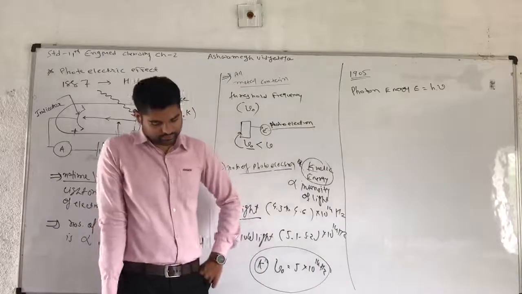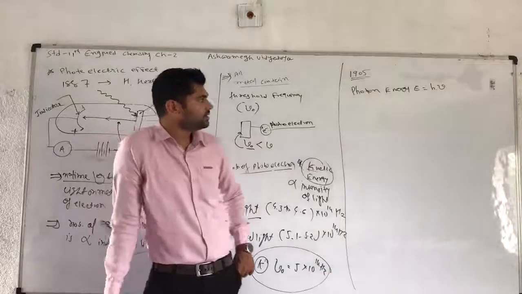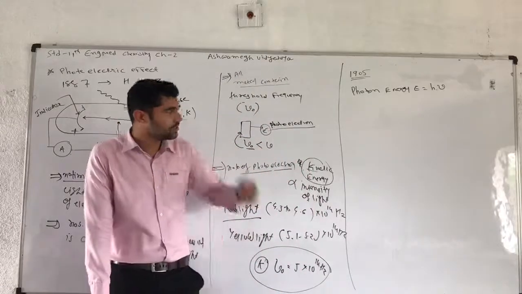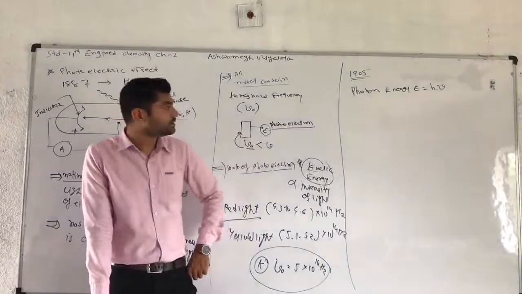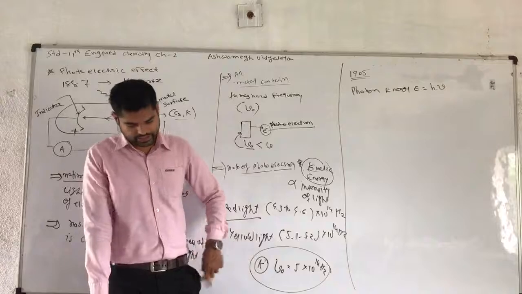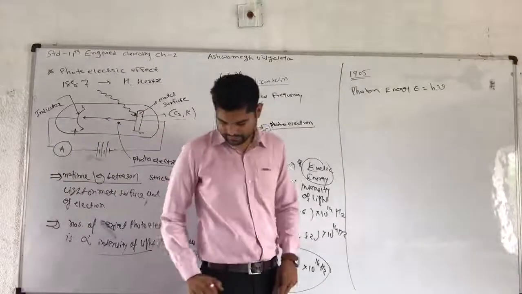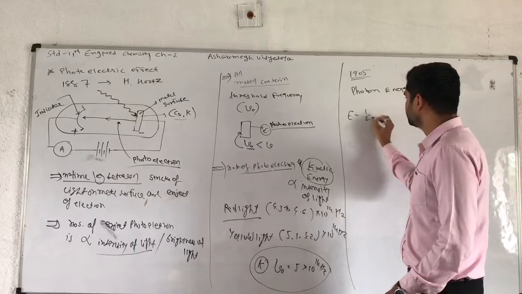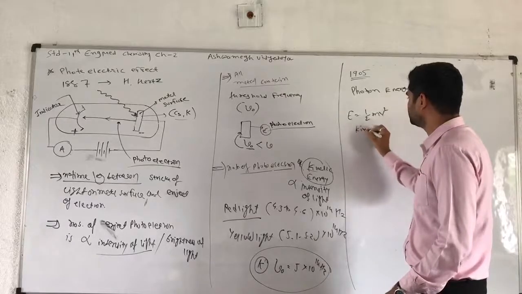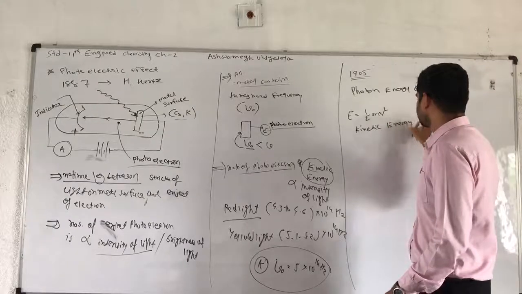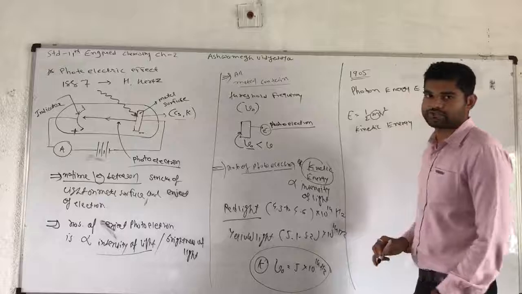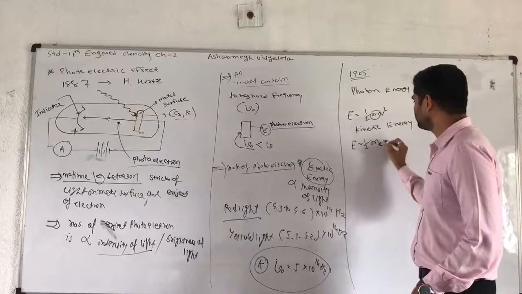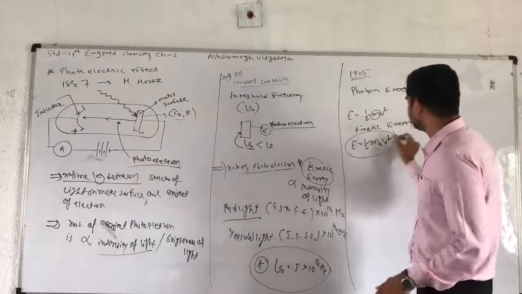So the difference between frequency and threshold frequency means the difference between h nu and h nu 0, which is the kinetic energy of the electron. The equation for kinetic energy is 1/2 mv square, where m is the mass of the substance, here the electron. So E is equal to 1/2 mass of electron into v square, the kinetic energy of the electron.